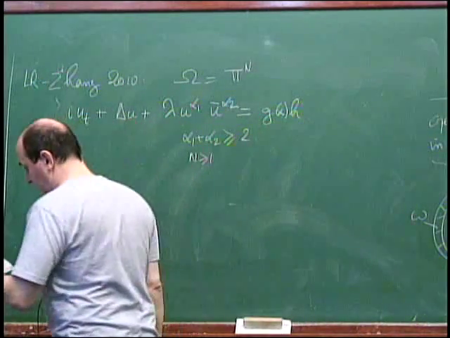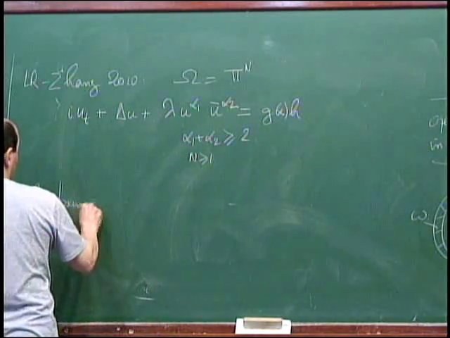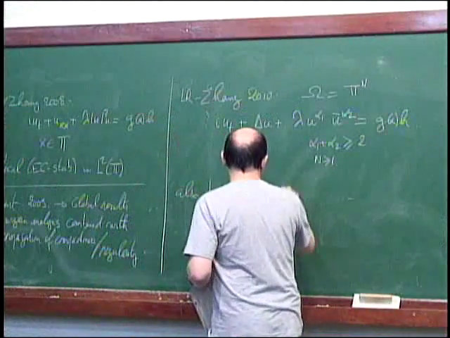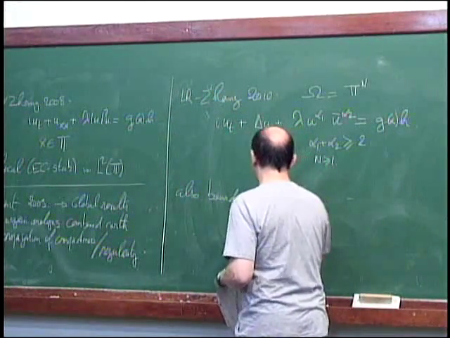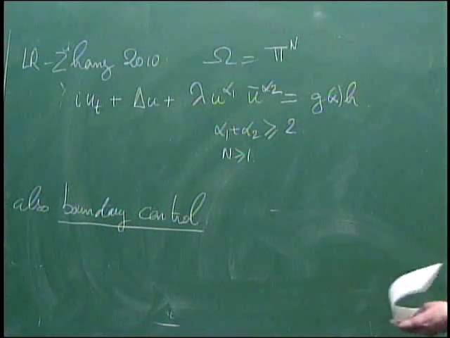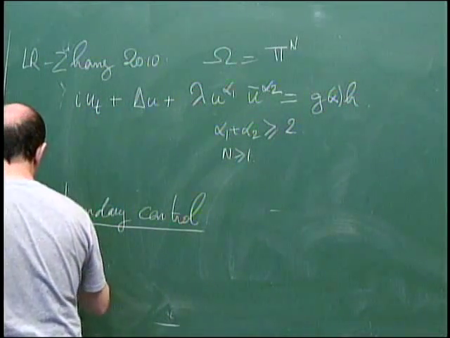So we also considered boundary control. But it turns out the boundary control is not well understood, actually, because the well-posedness is quite difficult to investigate when you use Bourgain approach. So I will just propose this open question.